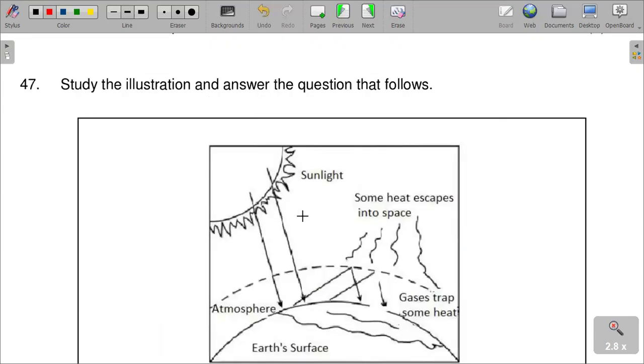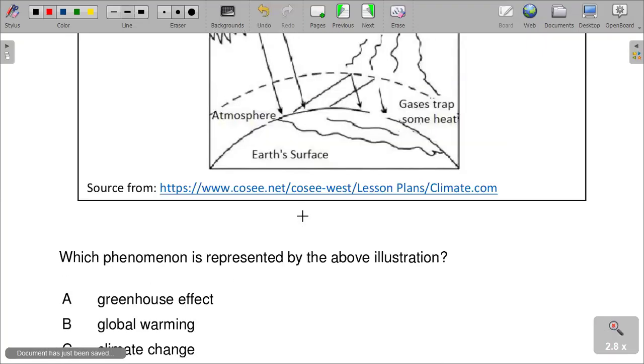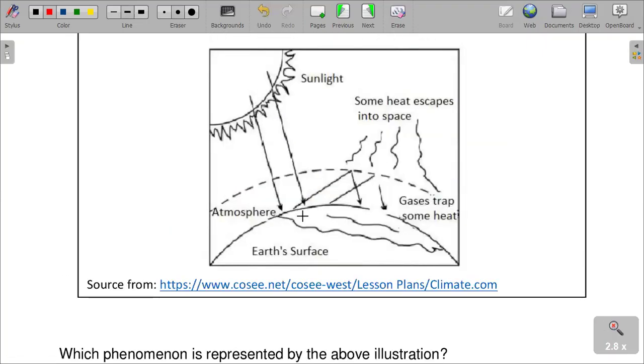As sunlight releases solar radiation to the Earth, we have our atmosphere and gases that trap some heat energy.